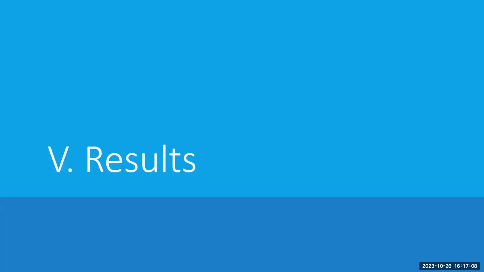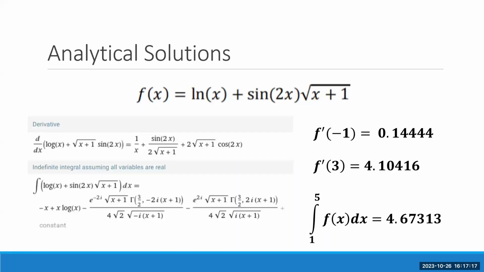We'll be presenting the results obtained from our numerical approximations and then compare them to the analytical solutions. First, let's examine the analytical solutions. We'll be calculating the exact values of the first derivative and the integral for our given function.